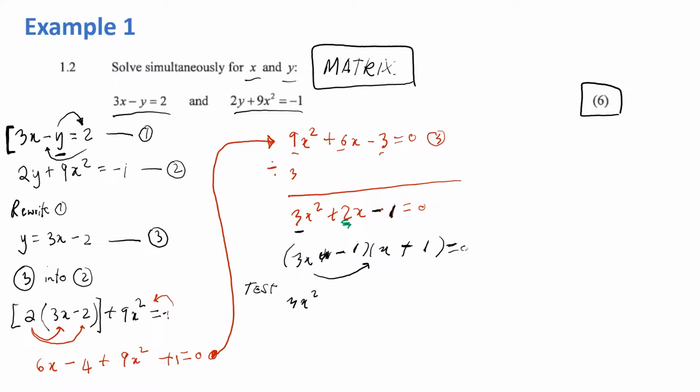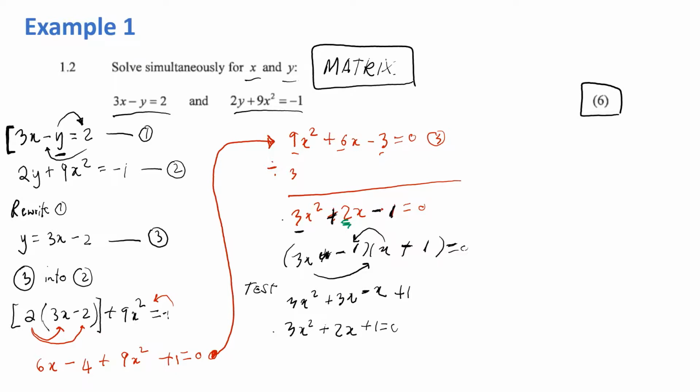We got 3x times 1 is plus 3x because we've got a plus 2 here. x times minus 1 is minus x, and minus 1 times 1 is plus 1. So 3x squared plus 2x plus 1 equals 0. So we know we're doing the right thing.